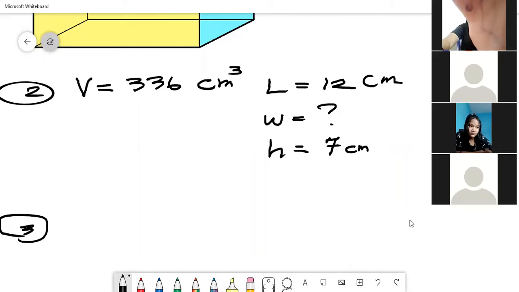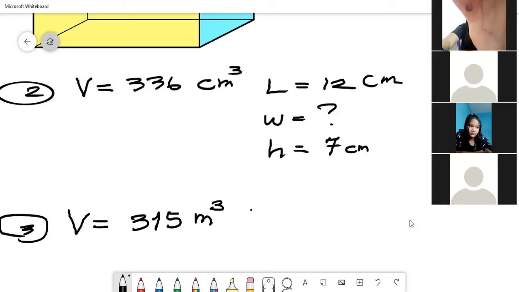Okay. Find the height. The volume is equal to 315 cubic meters. Cubic meters.